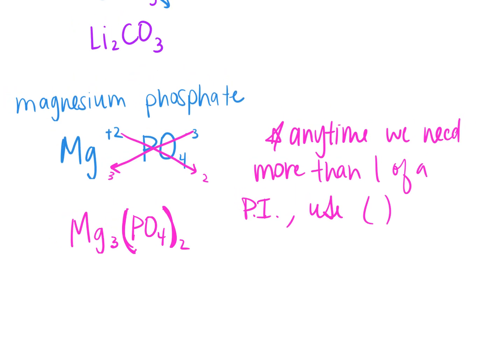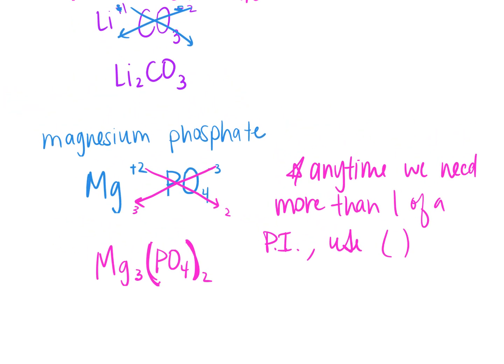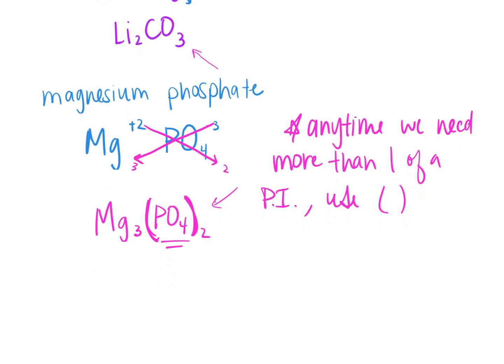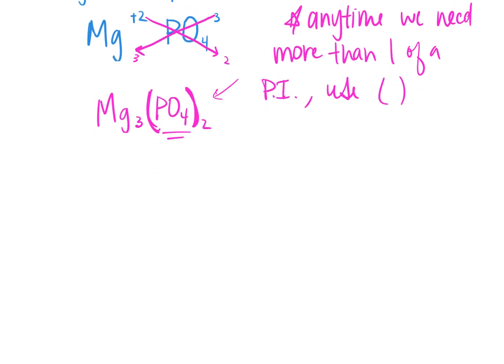Okay, you'll notice up here with carbonate, we only needed 1 carbonate molecule. So we did not have to use parentheses. But down here, to make it neutral, we needed 2 of the phosphates, 2 of the PO4s. So we had to use parentheses. Okay. All right, let's keep going.